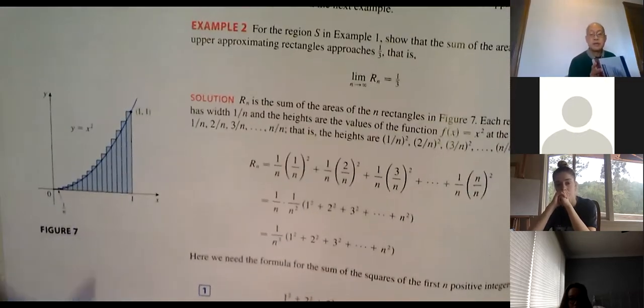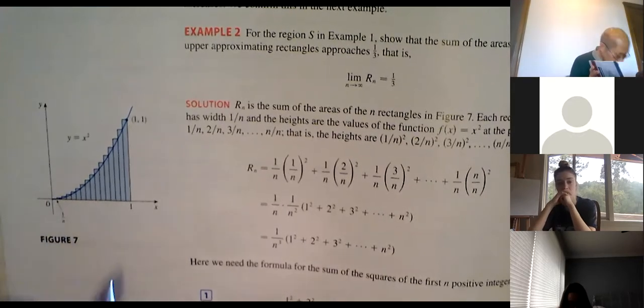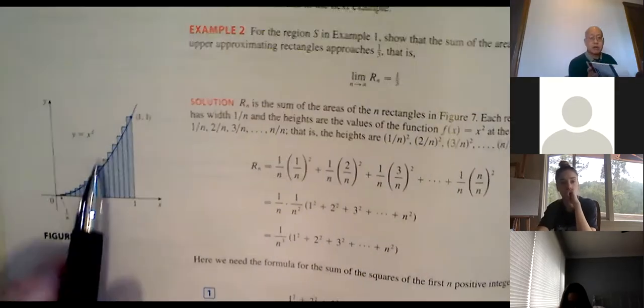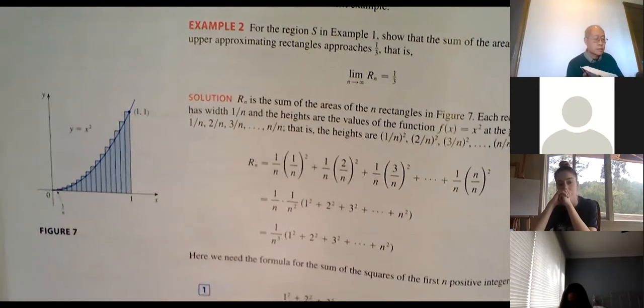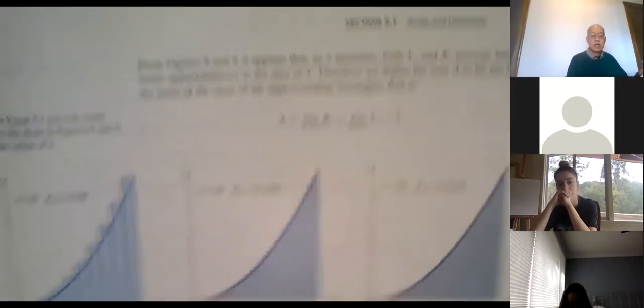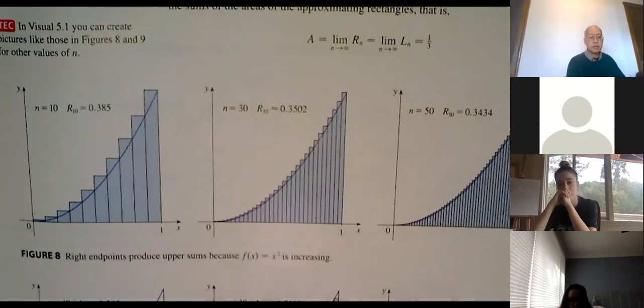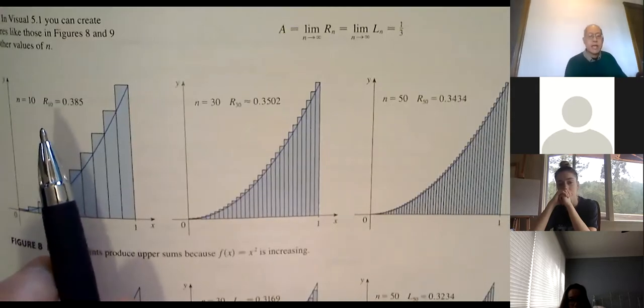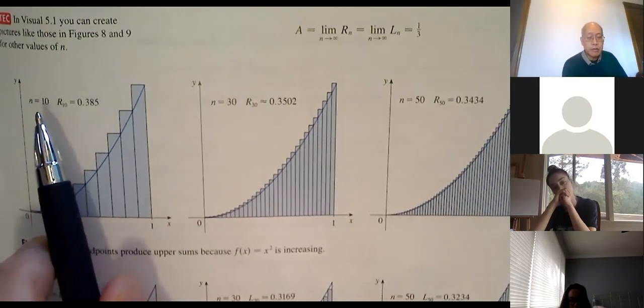Look at this. This time they chop it into more pieces. I can't tell how many pieces there are, but it's better. Okay, I'm on page 368, 369. You don't really have to write anything down, just concept here. N equals 10. Okay, what is 10? N is the number of pieces you're chopping up the region into.